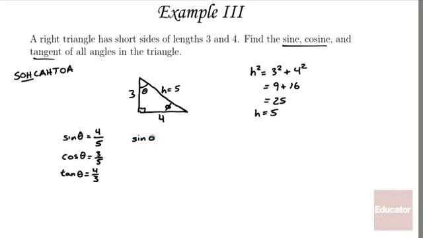Sine of phi is equal to the opposite over the hypotenuse, so 3/5. Cosine of phi is equal to adjacent over hypotenuse. The adjacent side to phi is 4. And tangent of phi is equal to the opposite over adjacent, so that's 3/4.